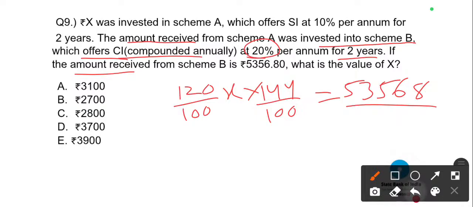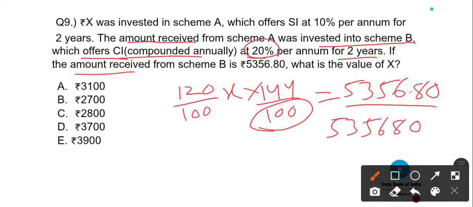Wait a second. Let's take this as 0.80. Calculate this one and comment your answer, the value of X. If we take the zeros to that side, we get the value of 535680. Okay.